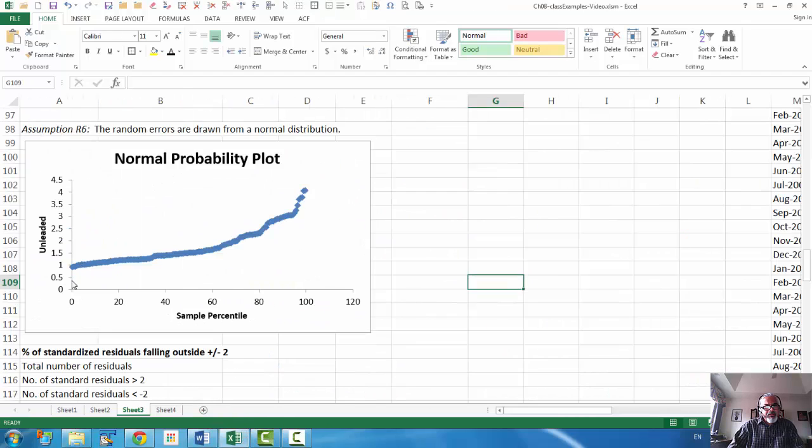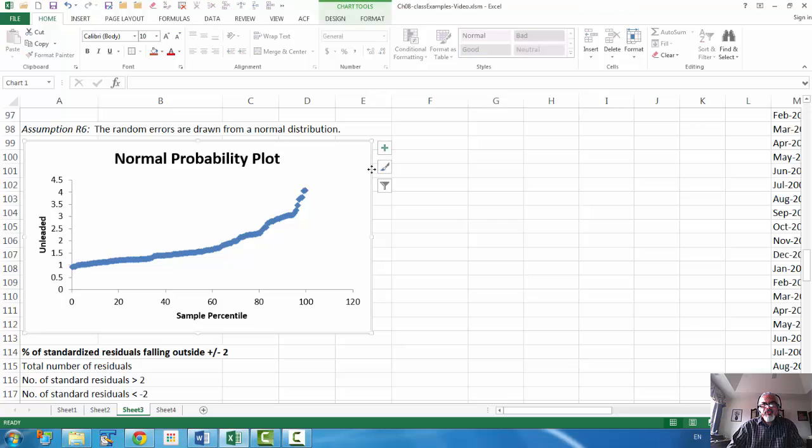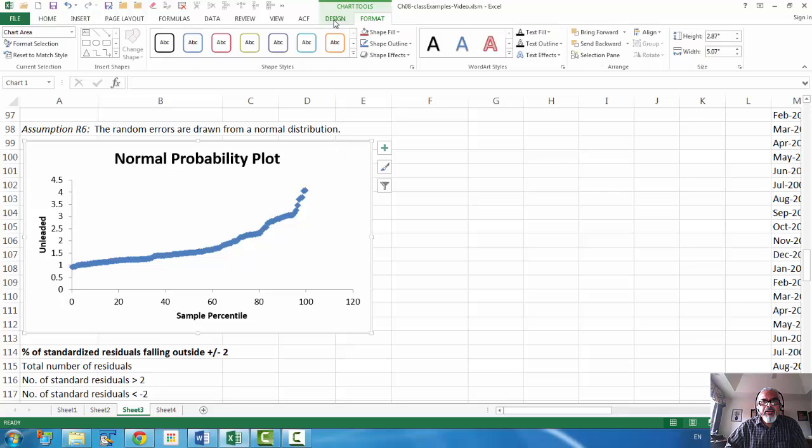If you look at this, if you draw a straight line, I don't know whether the points fall on a straight line or not. We can try to insert a straight line by selecting the plot, clicking the plus, and adding a trendline.